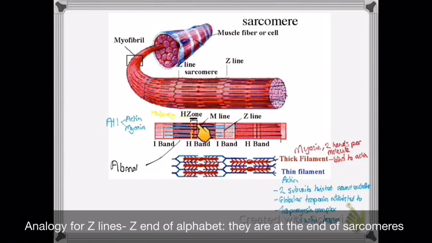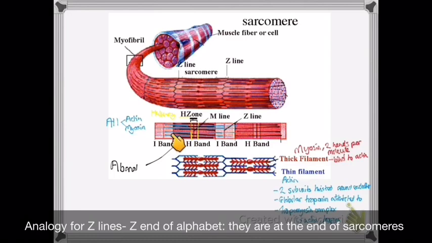These actin filaments cross over the myosin filaments within the H zone, so the H zone basically disappears because the actin passes over and it creates that dark band, not the lighter band of the H zone.